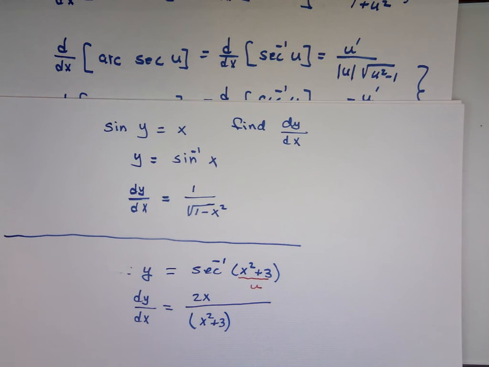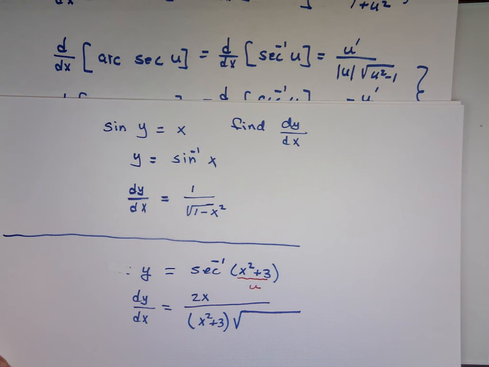Because it can never be negative. Correct. Because this is squared and you're adding a 3 to it. This will never be negative, so I don't need the absolute value. u squared, and that's my answer. That's it.